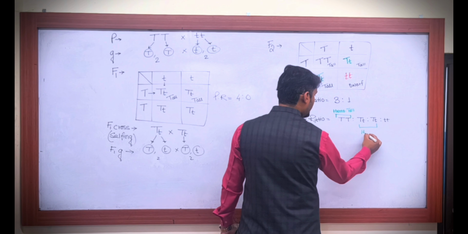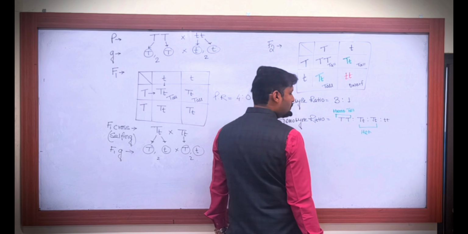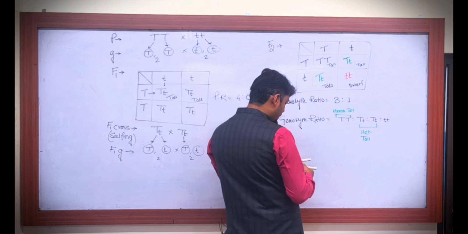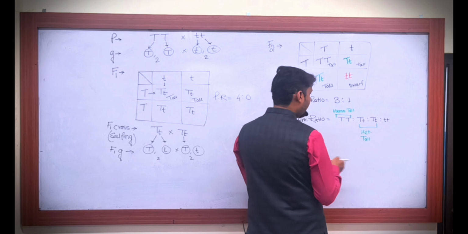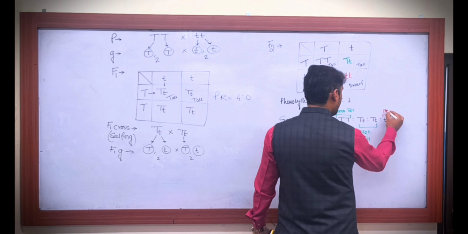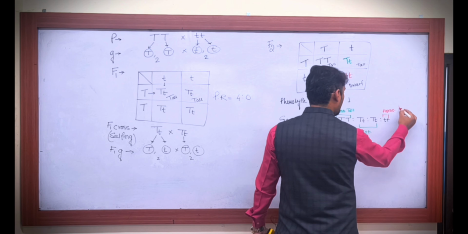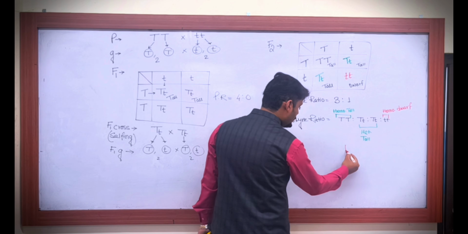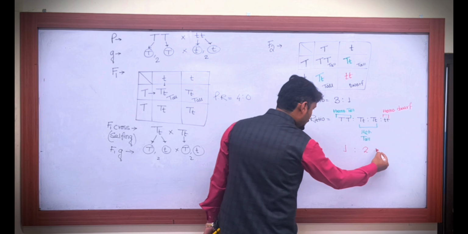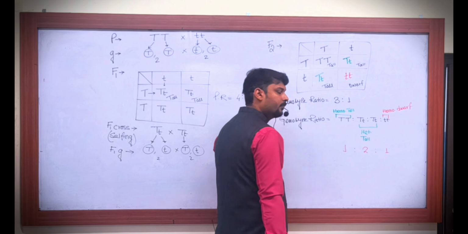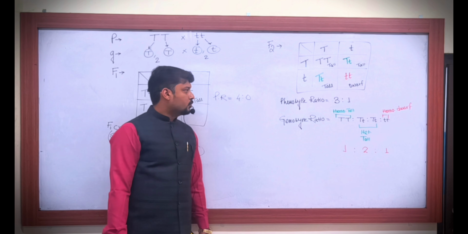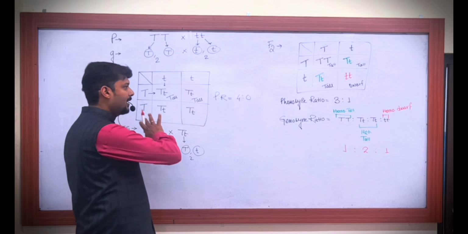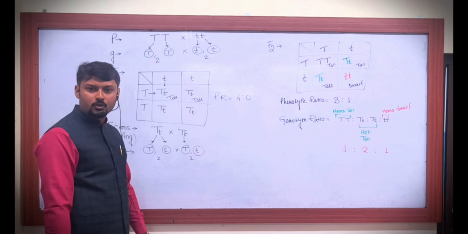These two, capital T small t, are heterozygous tall, and the last one is homozygous dwarf. What is the ratio? 1 is to 2 is to 1. Remember that. This is an entirely standard Mendelian cross.